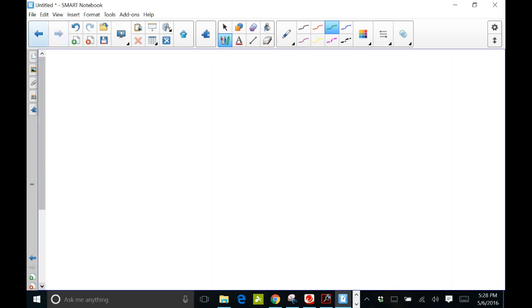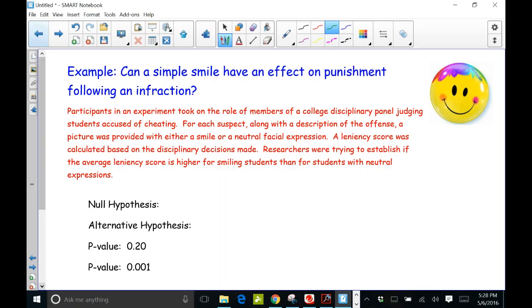One final example, just to kind of work through an example with you. Can a smile have an effect on punishment following an infraction? See the goofy smile on the side there? Participants in an experiment took on the role of members of a college disciplinary panel judging students accused of cheating. Reminder, the only way to show cause and effect is with an experiment.